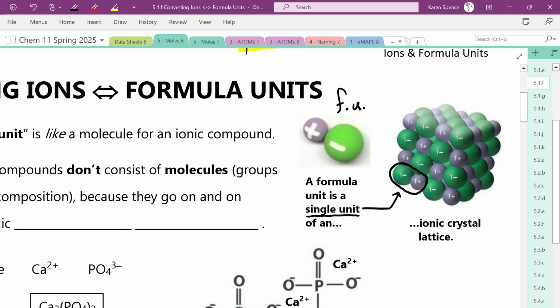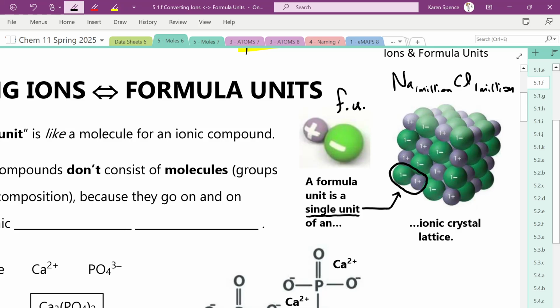They're not molecules because molecules are only bonded by covalent bonds, and molecules have a set composition. Molecules are only ever what it says in the formula. Water is H2O, it's never H4O2. It's never bigger than H2O, it's just H2O. Whereas sodium chloride, you could have Na 1,000,000 Cl 1,000,000. You could have Na9 Cl9.